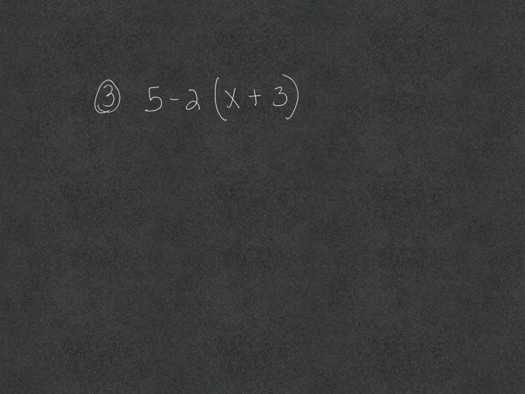All right, let's take a moment and write down this last problem. We have 5 minus 2 times the quantity x plus 3. If you need to pause the video to write it down, go ahead and do so. The first thing I see is that I need to do the distributive property.